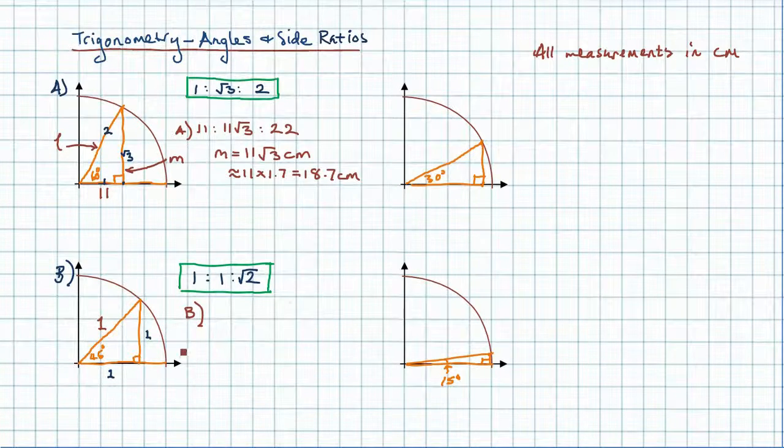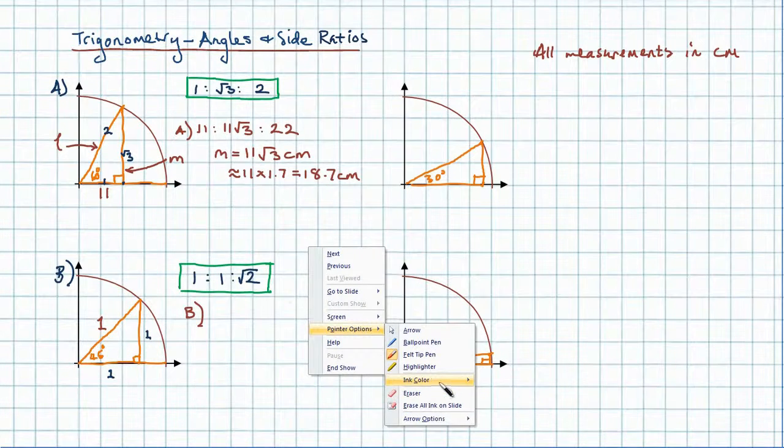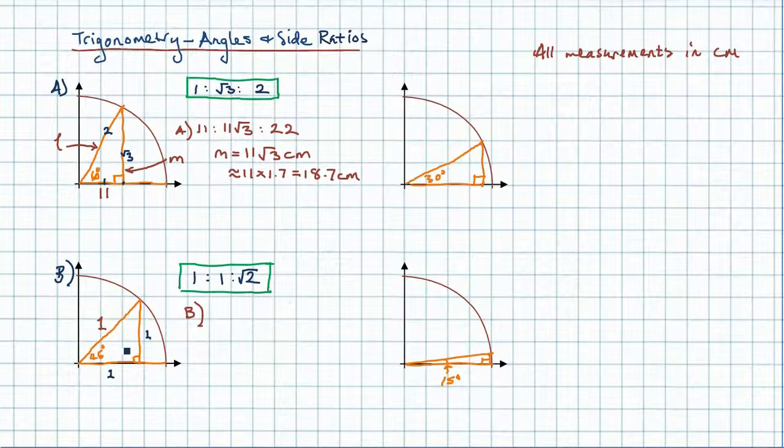Okay, so 1. Well, if that side is 1, then these certainly aren't going to be 1, but the proportions are 1 to 1 to root 2. So what's happened is that our root 2 side, this one here, has become 1. So what has had to happen to root 2 to make it smaller, in fact, than root 2?